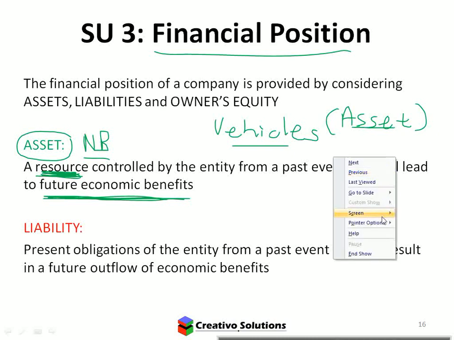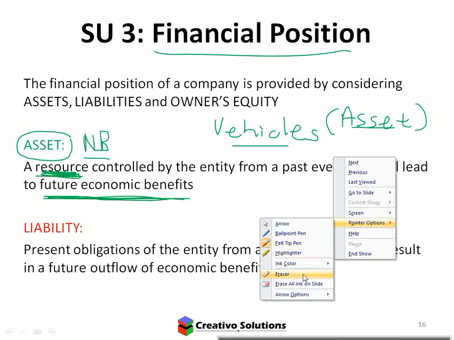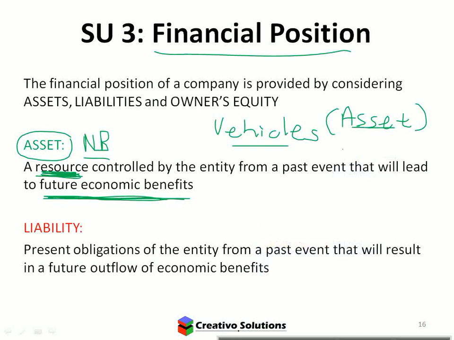Because a vehicle is a vehicle is a vehicle. It is what it is. There's no changing a vehicle. A vehicle is an asset, but this asset can be bought using a liability. That asset can be bought using another asset. We call it cash. So if I use cash to buy a vehicle, then I've got cash and the vehicle. If I use a loan to buy the vehicle, then I've got the loan and the vehicle. But it is what it is.